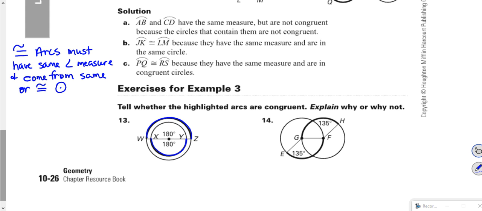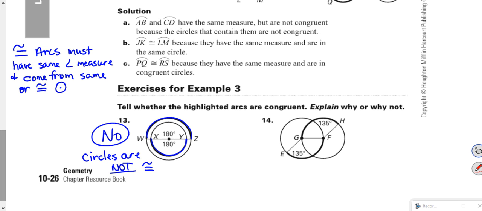Obviously not. So this is a big fat no, okay? And the reason is circles are not congruent. That's why they have the same arc measure, but they don't come from circles with the same radius, okay?